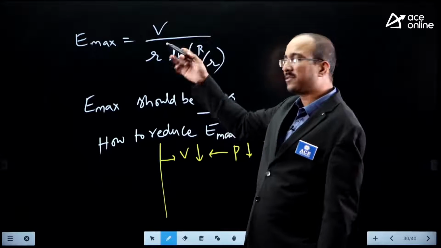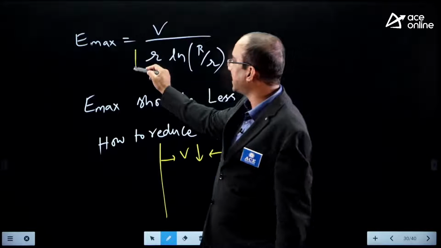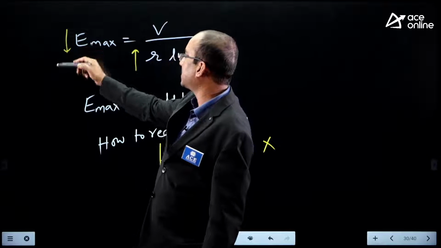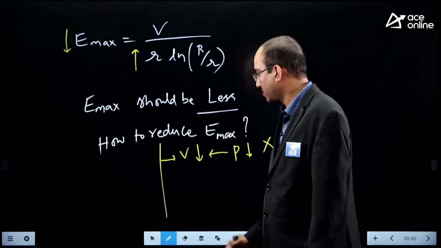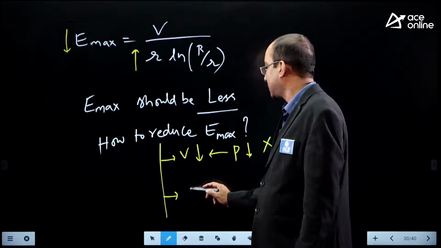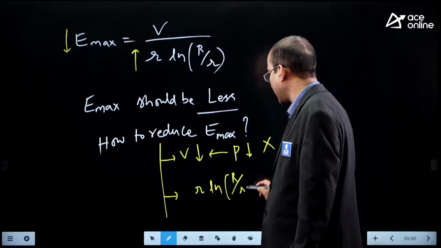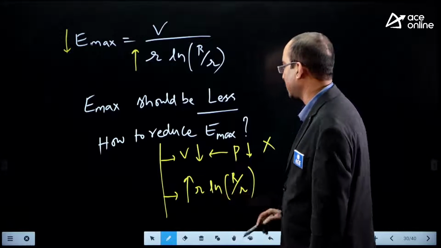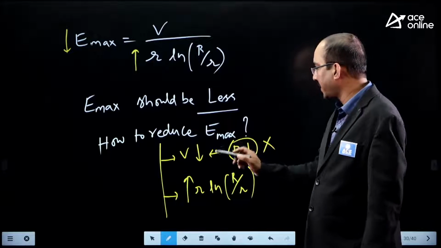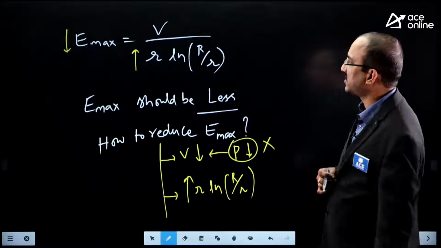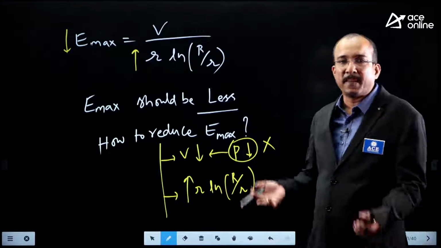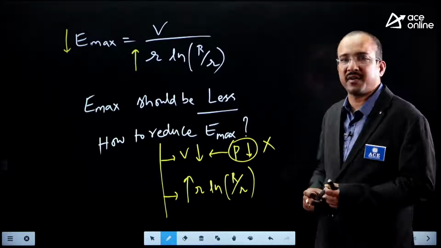The only way is to maximize the denominator. If you can increase the denominator, the maximum stress will be reduced. So, that means r into ln of capital R by small r should be increased. If you decrease the operating voltage, no doubt the maximum stress reduces, but the power handling capacity gets reduced.